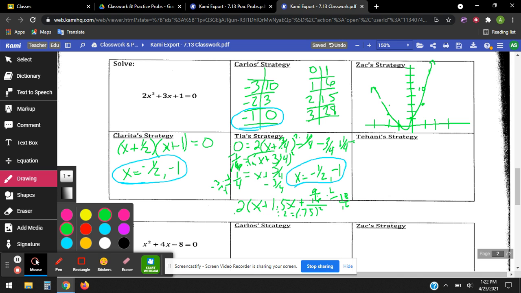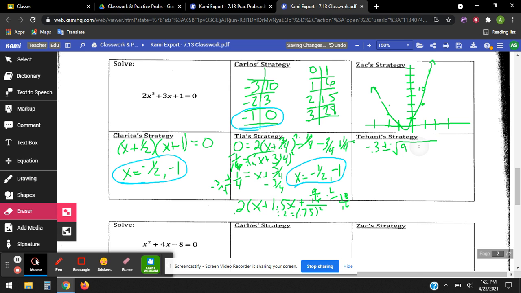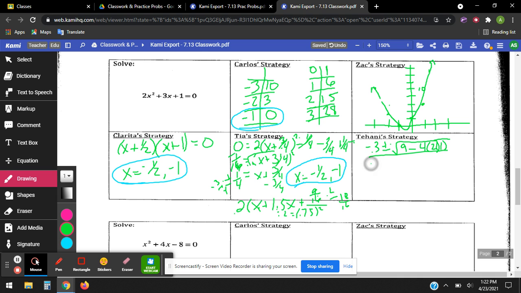All right, the quadratic formula. So negative b, negative 3 plus or minus the square root of b squared, so 9 minus 4 times a times c. All right, so we have negative 3 divided by 2 plus or minus 9 minus 8, which is 1.